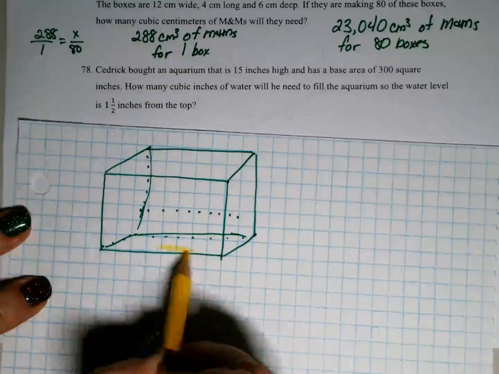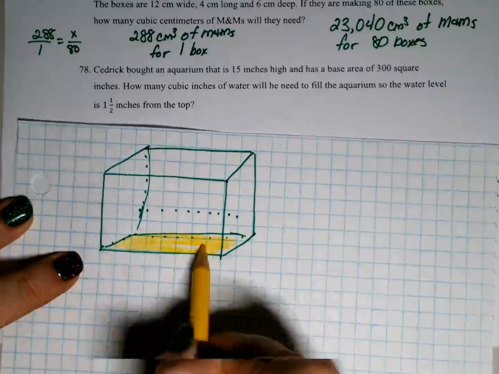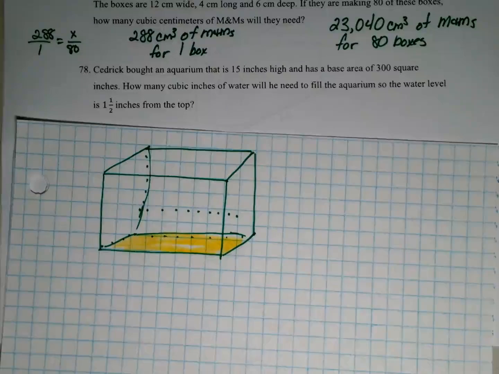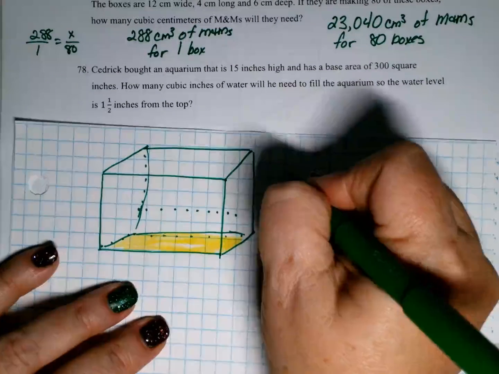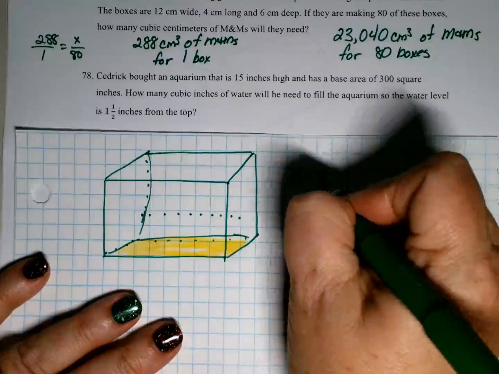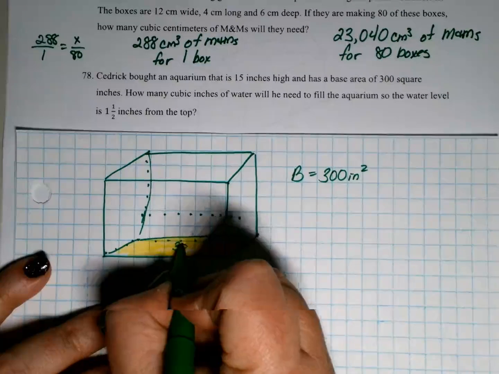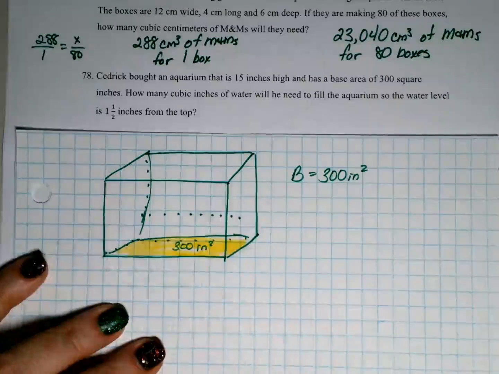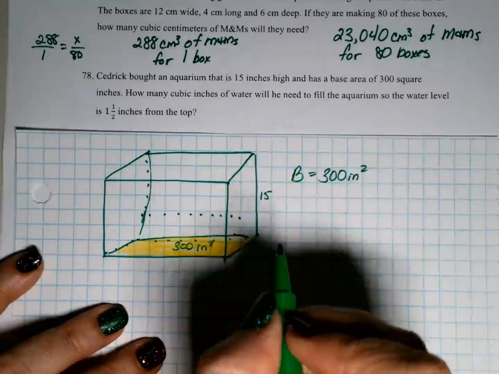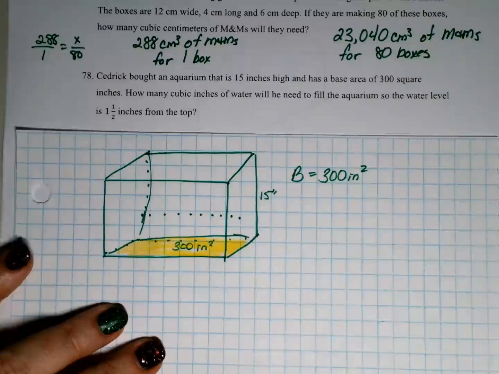So we know that the area of the base, that's this part on the bottom, right? They've already told us that our base area is 300 square inches, right? So this is 300 inches squared. We also know that the whole thing is 15 inches tall.